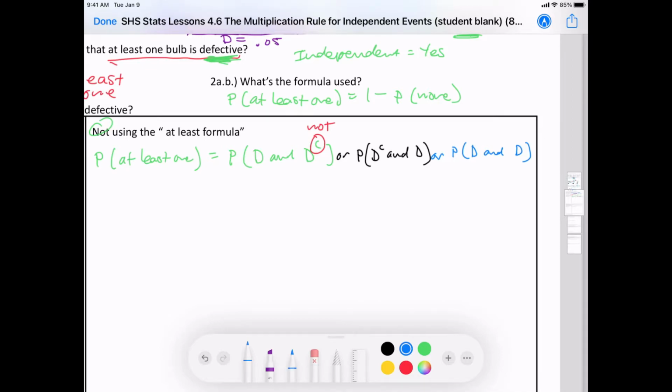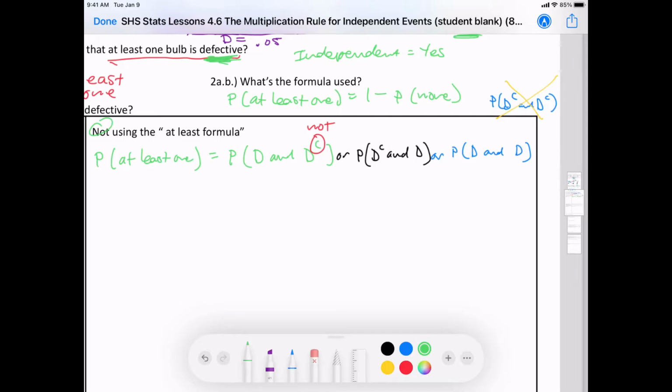Did you guys notice the only other outcome space that can happen in this situation is that the first one is not. I'll just write it out and cross it off. This is the other sample space. Not defective and not defective. But we don't want that. I'm trying to look for at least one defective.